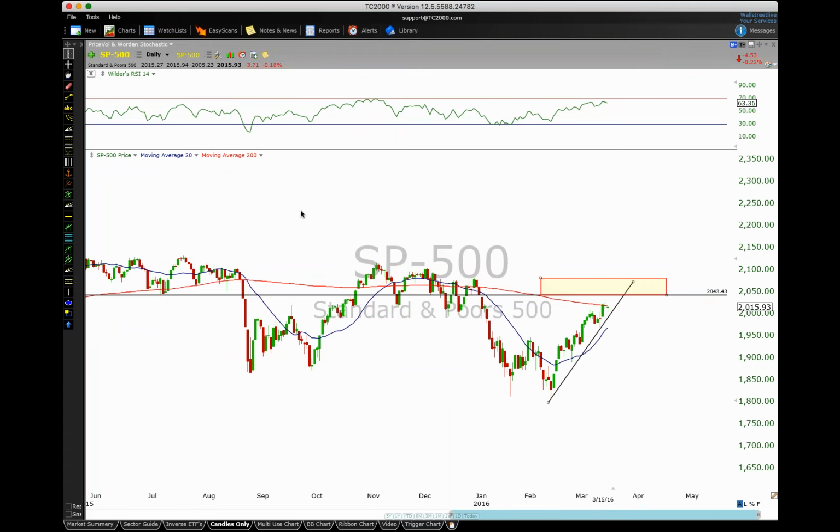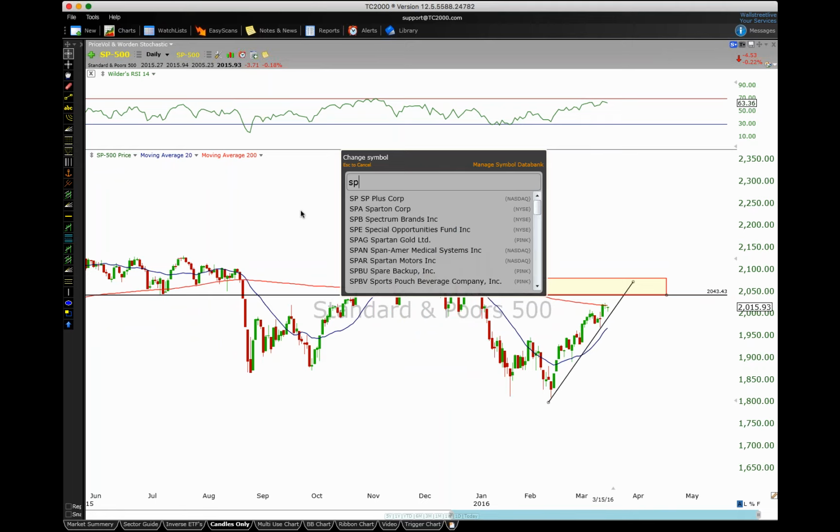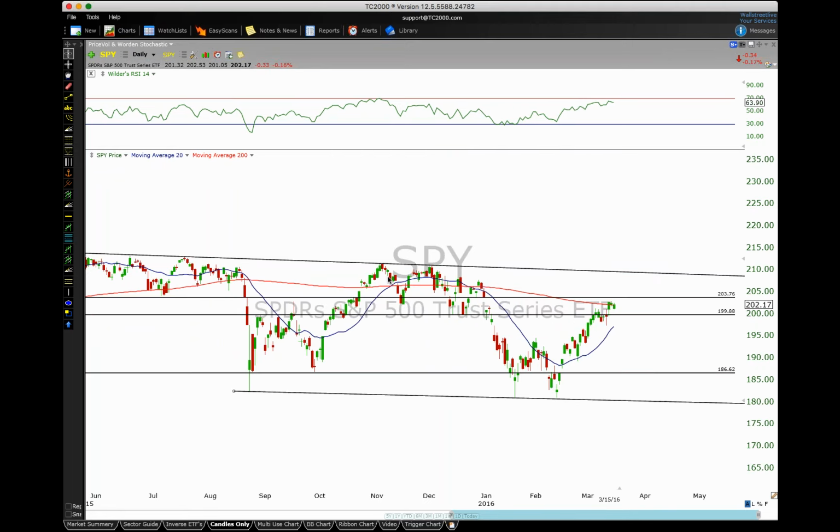So if you look at the SPY, if we do that on the SPY, and you have all this mess right here, and we cut this mess in half, and we bring this over here, you could see this is going to be all your resistance, because these people are going to sell because they can. They want to get out of their stuff. So this whole area is going to be chop.